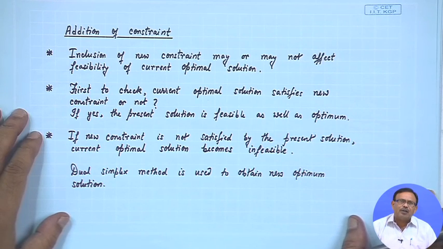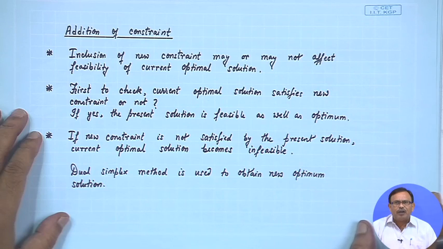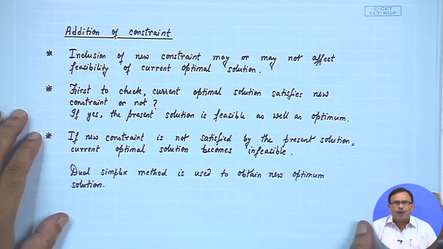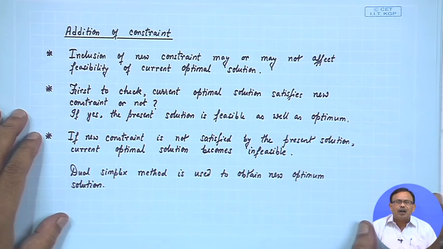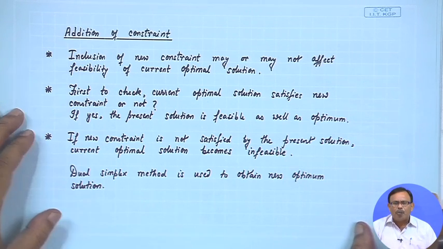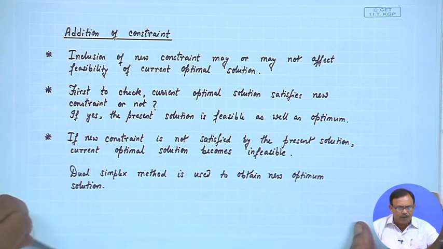So, in other words, whenever I am adding a constraint, if the new constraint is satisfied by the optimal solution, by the feasible solution, then the old solution will remain the solution of the new problem itself. But if the new constraint is not satisfied by the present solution, then the solution of the old problem will not be feasible. So, I have to reformulate the problem and do this.